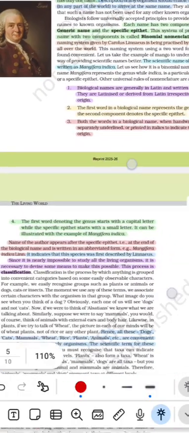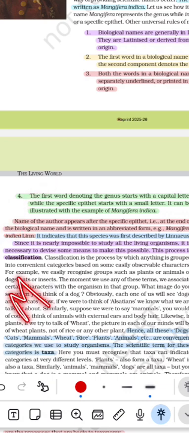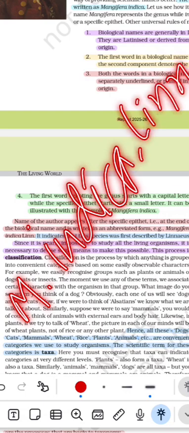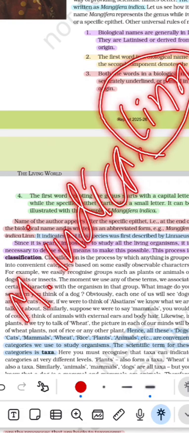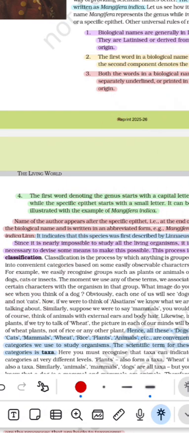Okay, next we have another important line. If you see somewhere it is written Mangifera indica Linn., you may have a question. Why is this Linn. written? The name of the author appears after the specific epithet at the end of the biological name and is written in abbreviated form.